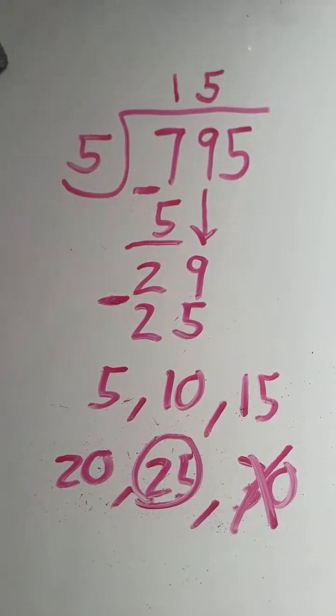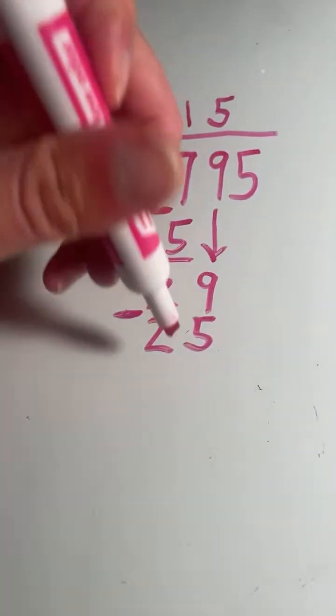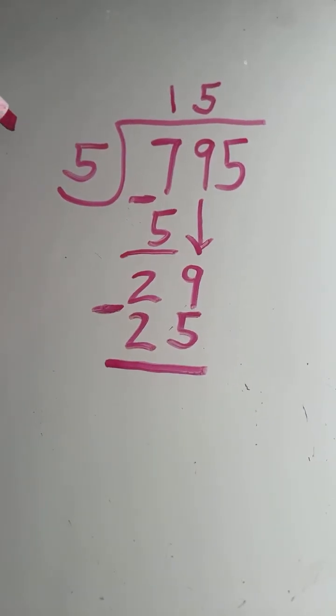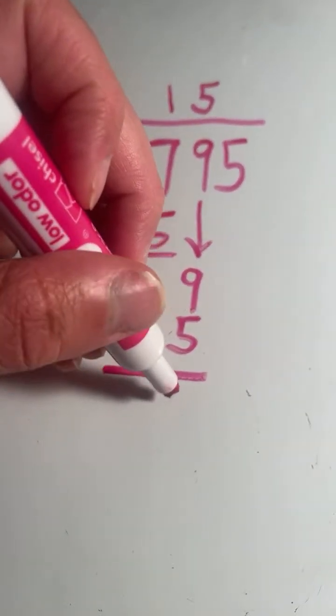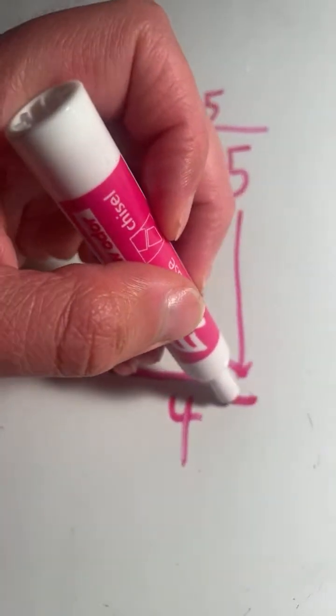So 25 is what I need to subtract to find my remainder. So 29 minus 25 equals 4. We bring down the 5.